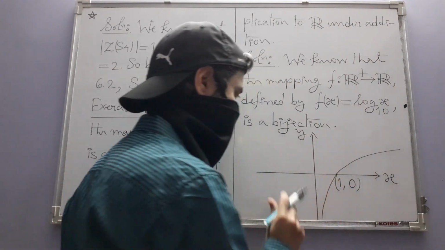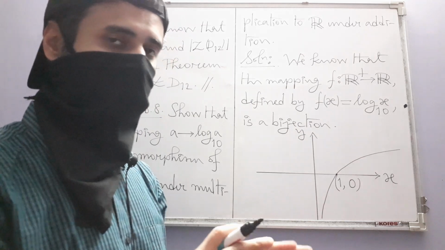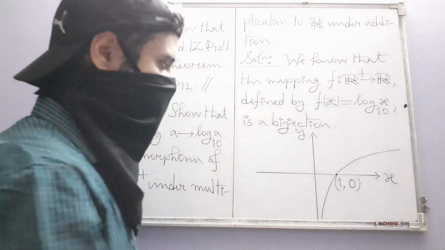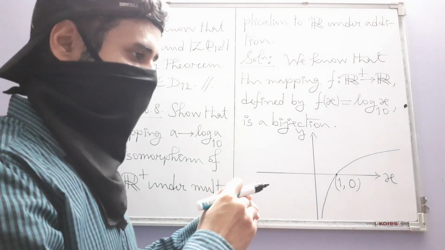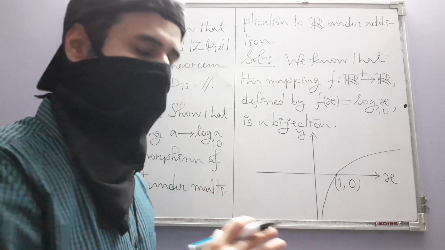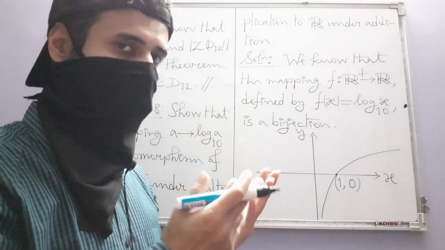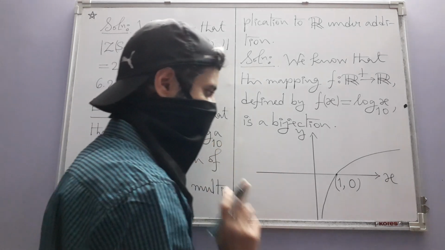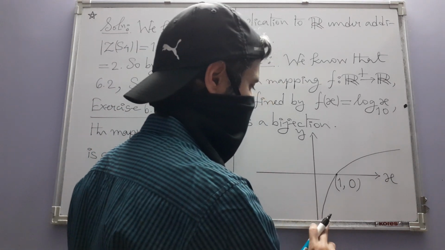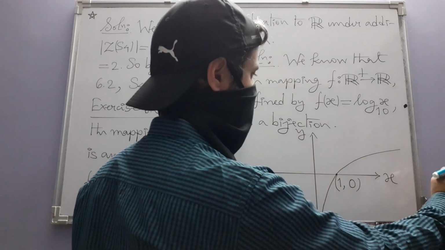And in fact, it also does not touch the y-axis. That's because at 0, this function is undefined, which also comes from the fact that the exponential function never becomes 0. Even when the base is 10 to the power y, say, it never becomes 0 for any real y. Also, it never becomes negative. So that's why the domain here is only the set of positive real numbers.